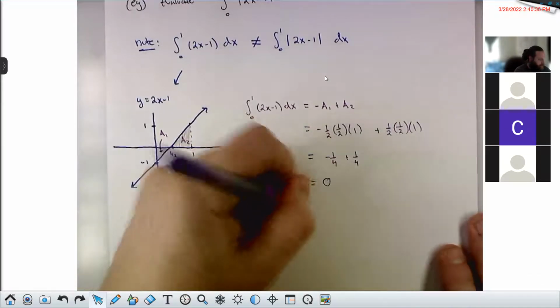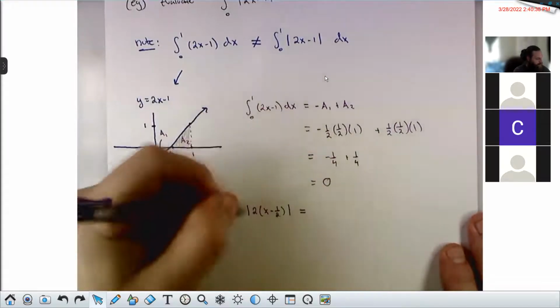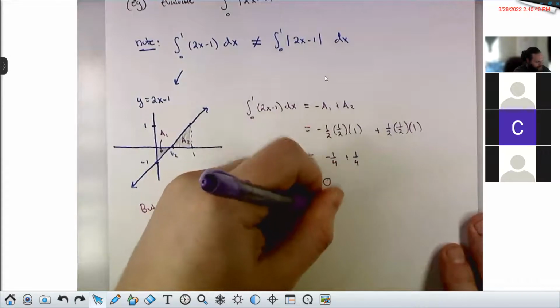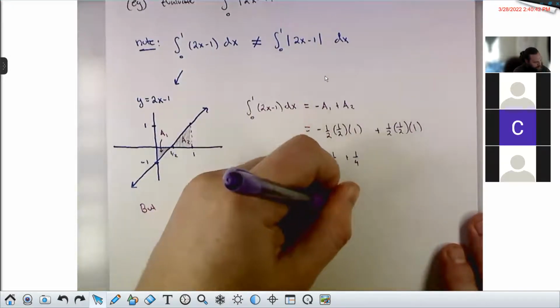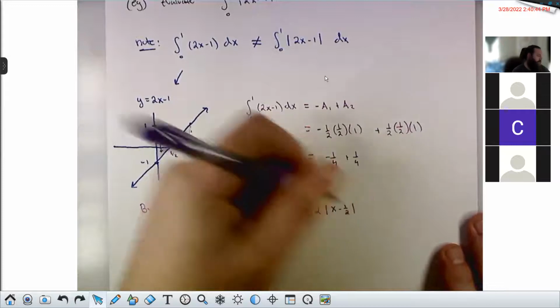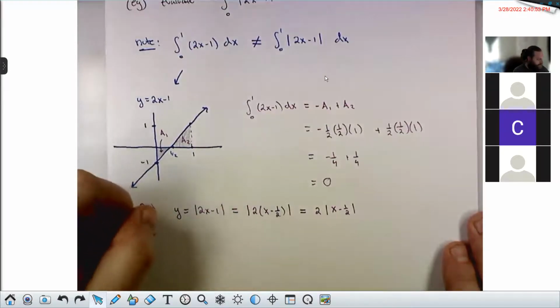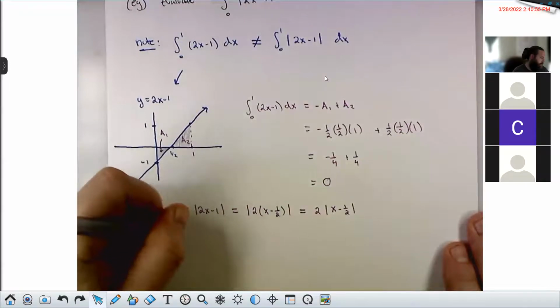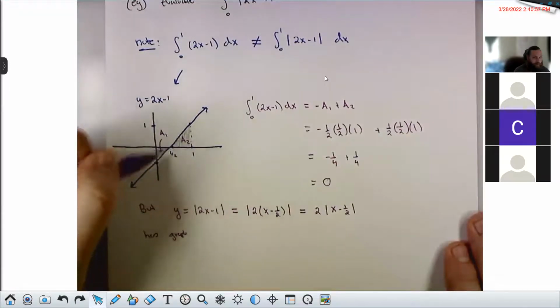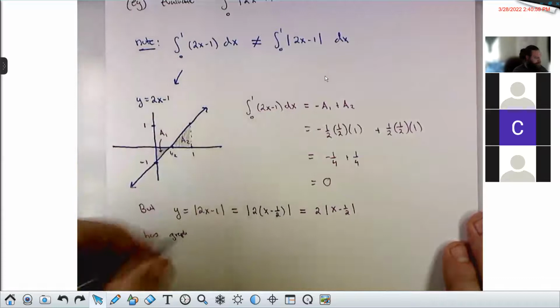And then by the rules for absolute values, this is just 2 times the absolute value of x minus 1/2. And this is the normal absolute value function just shifted to the right by 1/2 unit. In other words, it's going to take this negative piece and flip it up.